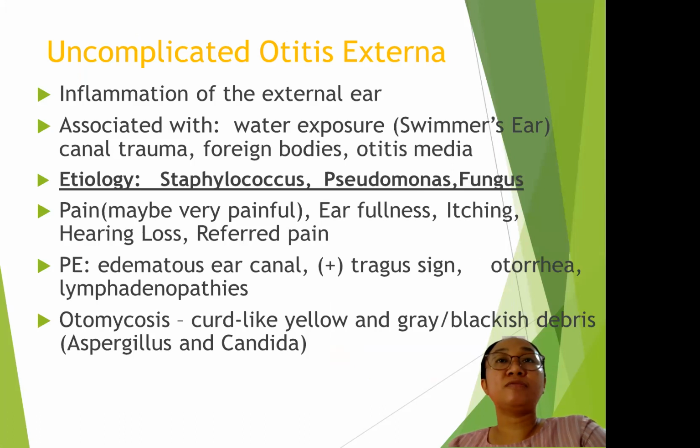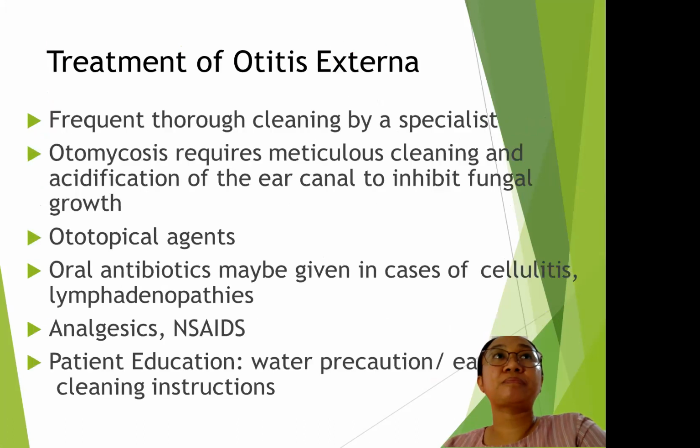Pain is present, followed by ear fullness, itching, hearing loss, and referred pain sometimes located behind the ear or in the infraauricular area. On physical examination, you will find that the ear canal is edematous. You can elicit the tragus sign by pressing the tragus, which will cause pain. There are otorrhea and lymphadenopathies. Otomycosis would usually have curd-like yellow and gray to blackish debris, which is caused by Aspergillus and Candida.